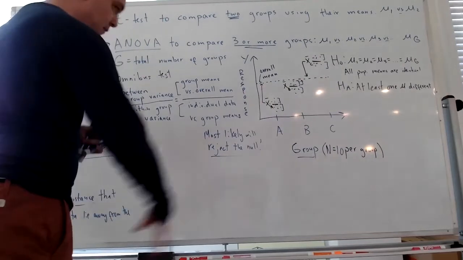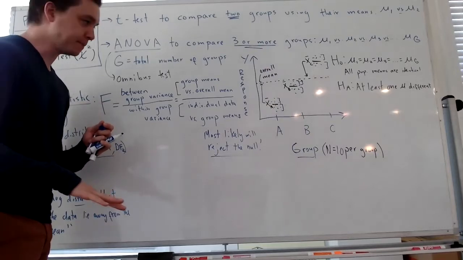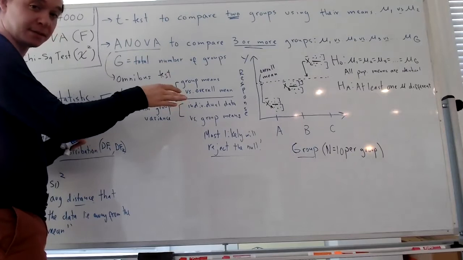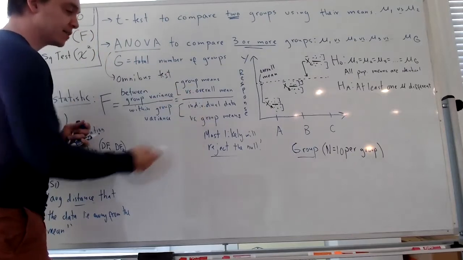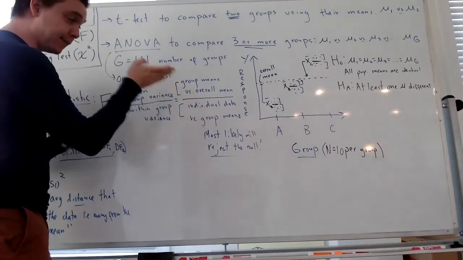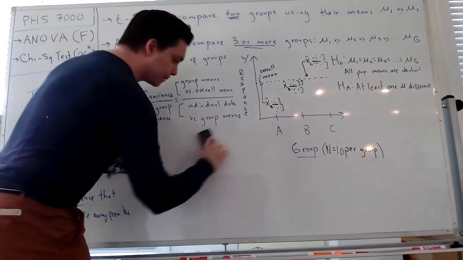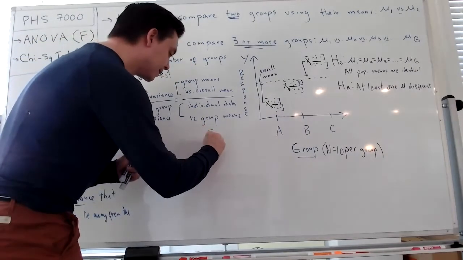How would I change that picture to now fail to reject the null? Well, to keep my averages the same, I need to increase this denominator. So I need to increase the distance that individual data points lie away from the group means.